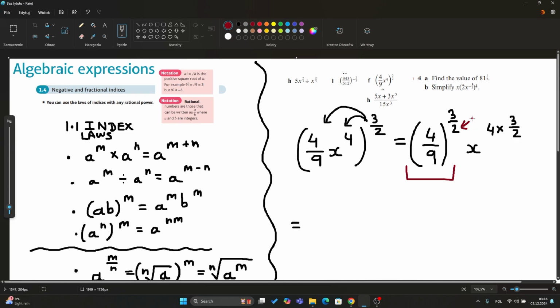So what happens is this is the root, this is the power. So first of all, we're gonna square root it first. So square root of 4 and square root of 9, and we're going to power it by 3.